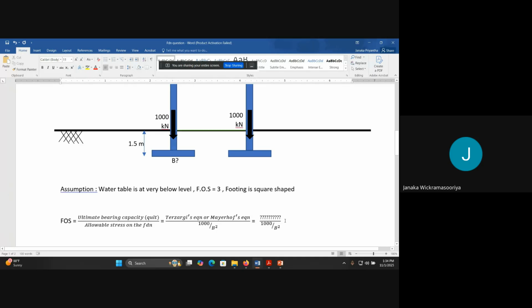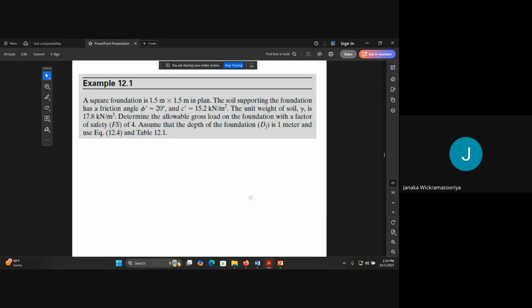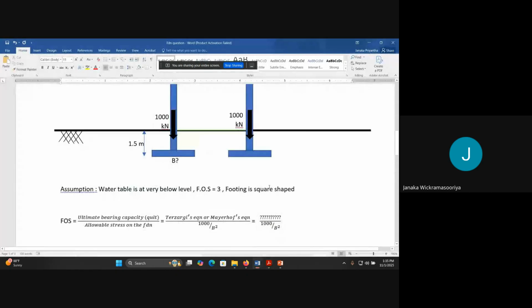Right, quickly do it. This will be in terms of B, because we don't know the B value. In the earlier example, we knew the B value, but here we don't. Quickly do it.